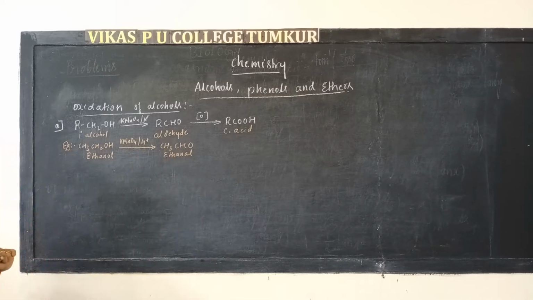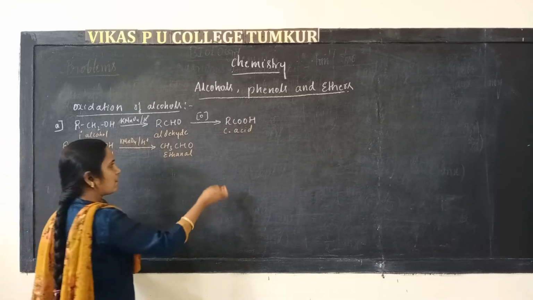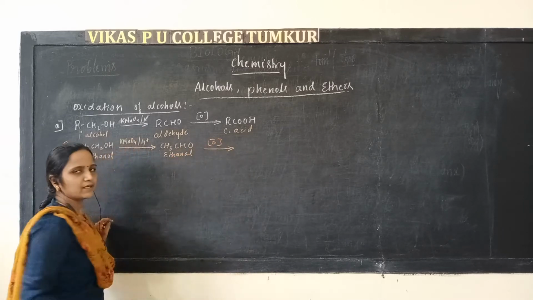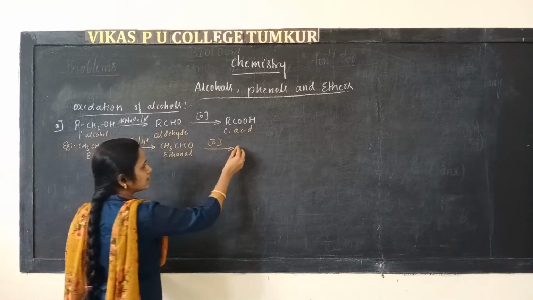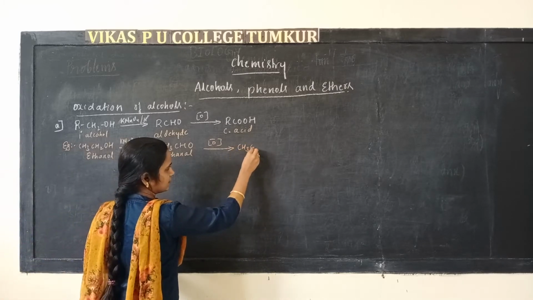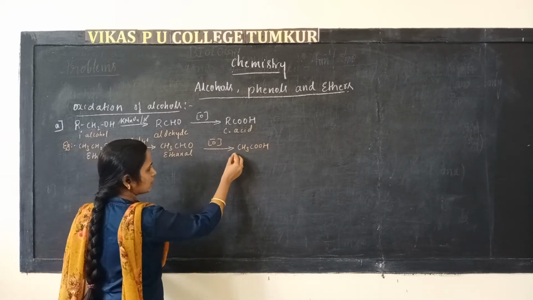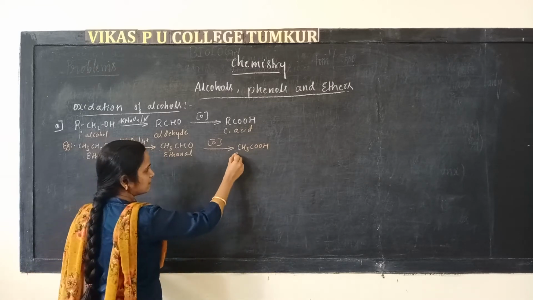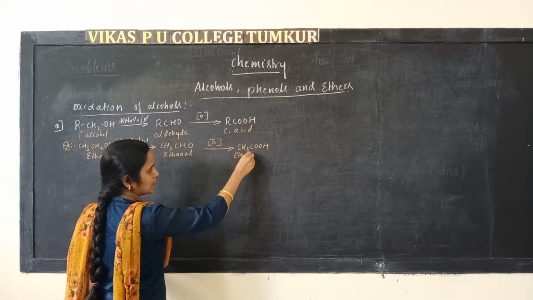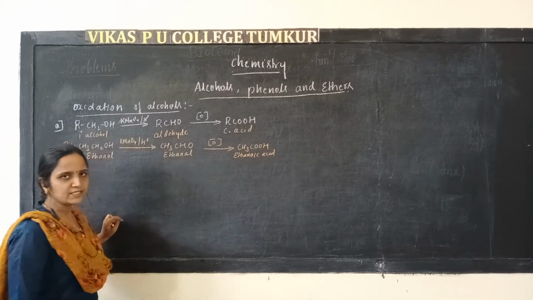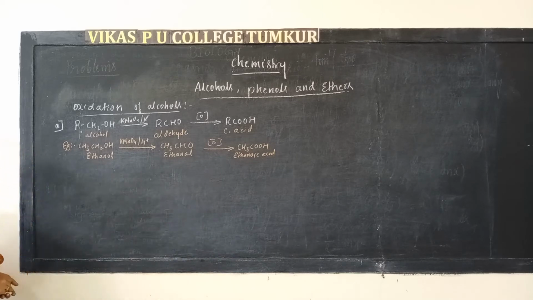This is the aldehyde. On further oxidation, we get the carboxylic acid, CH3COOH. The name of this compound is ethanoic acid. This is about the primary alcohols.